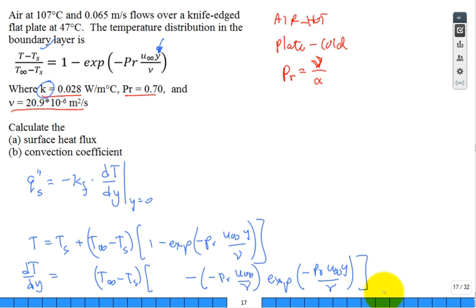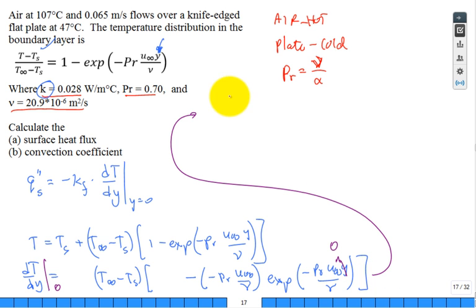Thumbs up if you agree. Very good, thank you. Now we evaluate it at y equal to 0. So what happens when y goes to 0 right here? It's exponential of 0. What's the exponential of 0? e to the 0. 1. Very good. So this whole term is just 1. And you can continue the math. So the derivative of the temperature at the surface is equal to T infinity minus Ts times Prandtl U infinity divided by nu.